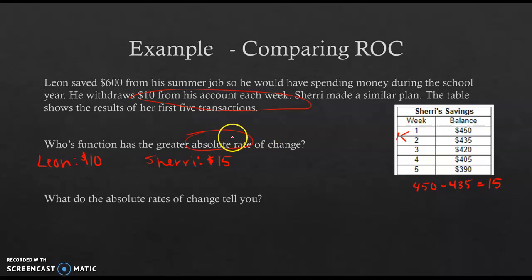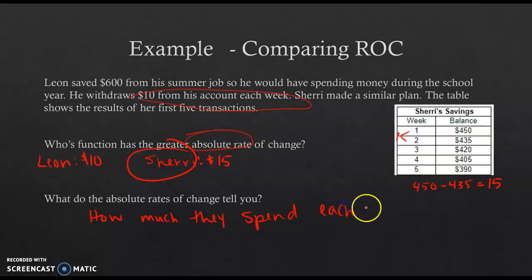So whose function has the greatest absolute rate of change? The answer to that is Sherry's. And then what do the absolute rates of change tell us? It's telling us how much they spend each week.